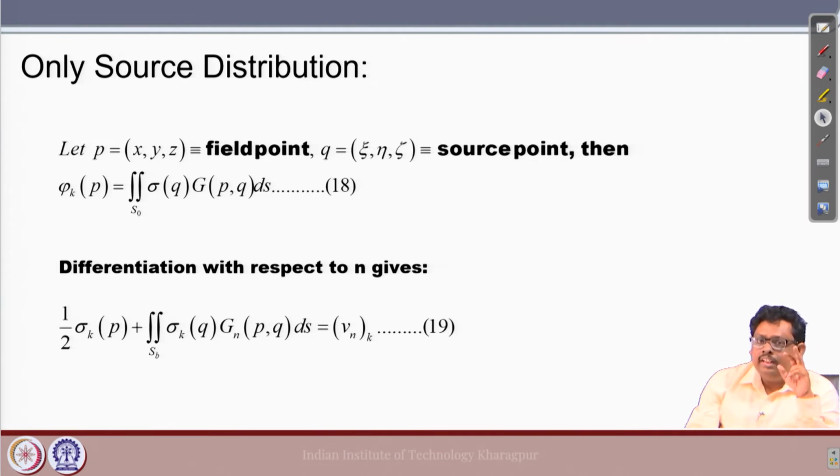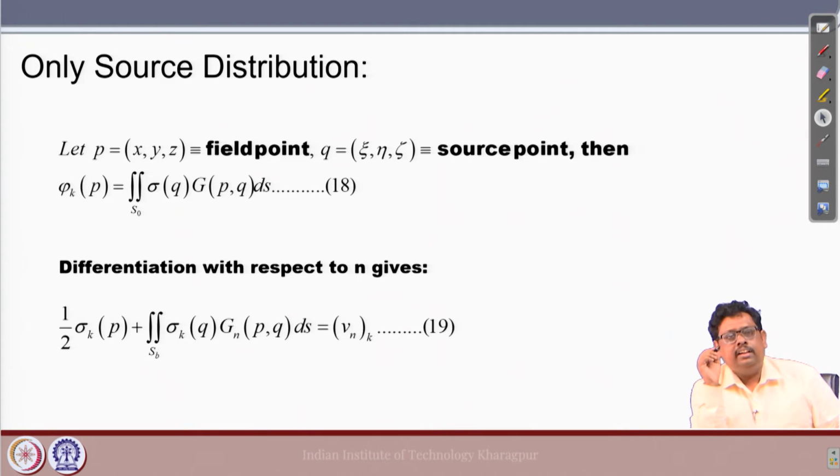But then we need two equations, right. So what we do is differentiate equation 18 with respect to n. If I do this, then on the right-hand side we have del phi del n, which is nothing but my V n, the boundary condition. If I apply it over here, it is V n, and then if you integrate this, we will get this expression.